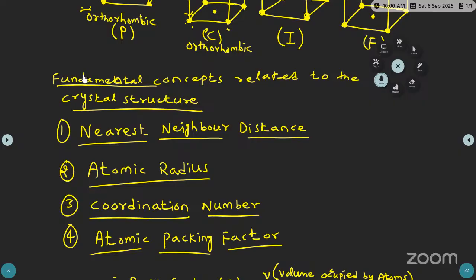Next one, atomic radius. It is half of the nearest neighbor distance. Half the value of the nearest neighbor distance we call atomic radius. Right. Next, coordination number. What is the coordination number?